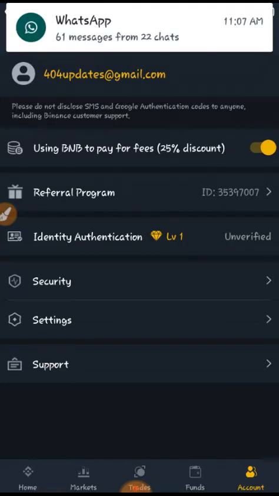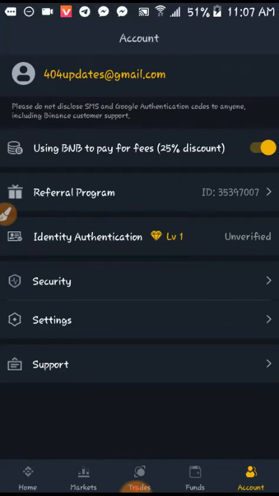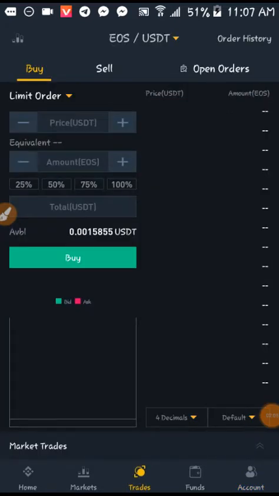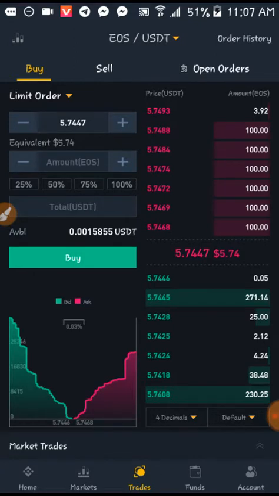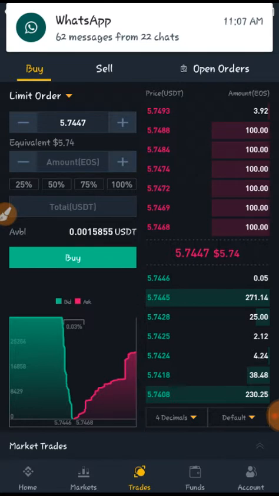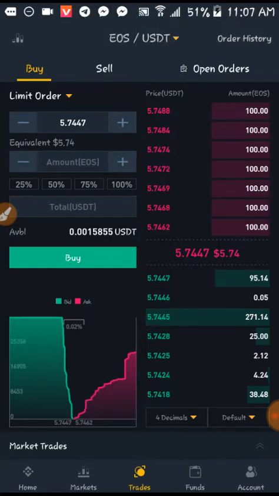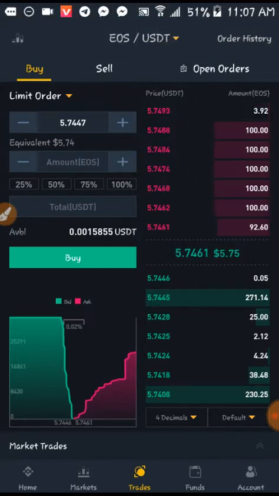Okay, let's dive into the matter of the day. I have been trading for quite some time now, so I'm versed with how Binance operates. I'm versed with the platform.